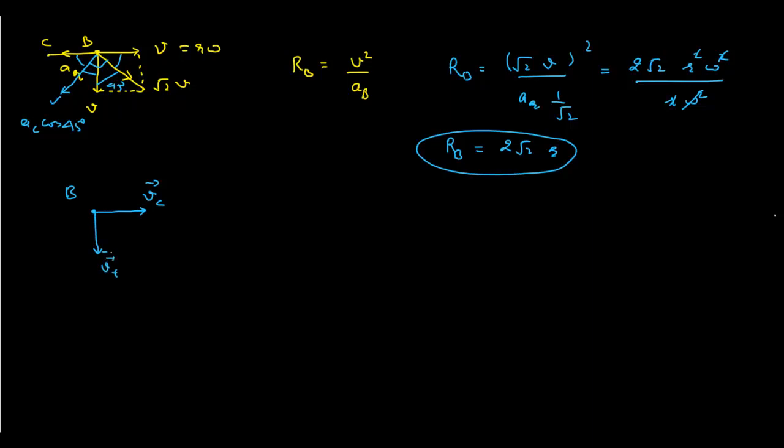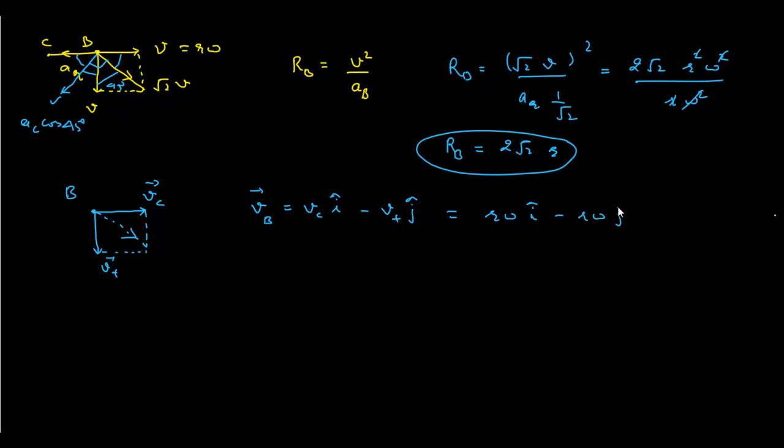So the velocity of point B is the vector sum of these two velocities. So the velocity of point B is equal to the velocity of point C, meaning center of mass. So this is VC i cap minus VT j cap. Clear? And as the magnitudes of VC and VT are the same, so we can write R omega i cap minus R omega j cap.